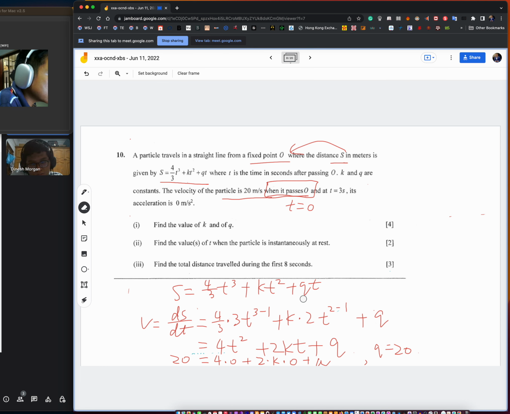That's why you get 20. And at t equals 3, the acceleration is 0, so you need to differentiate one more time. dv/dt, which is your acceleration, you differentiate one more time, you get 8t plus 2k, right?